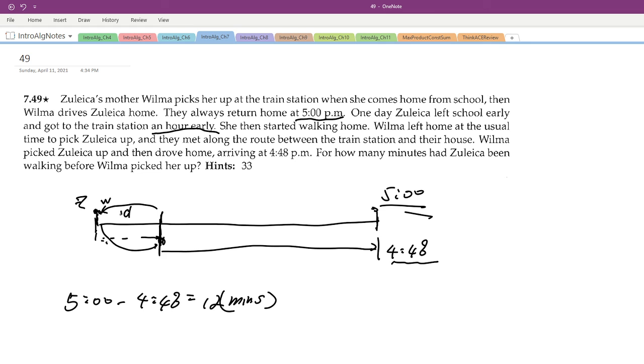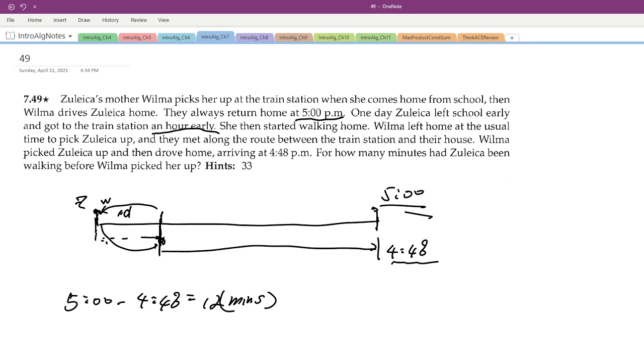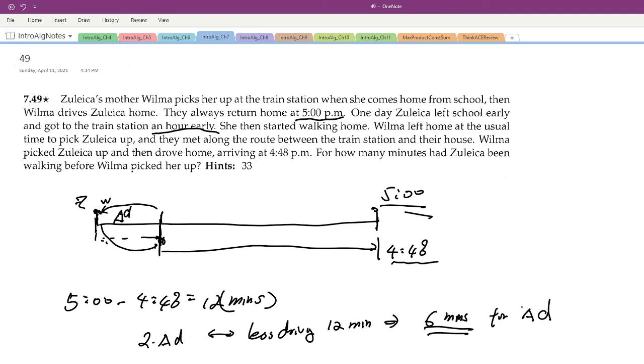The 2 times delta D is what she saved by driving less, which is 12 minutes. So it only saved 6 minutes for a single delta D. So it saves her 6 minutes to drive here, right?